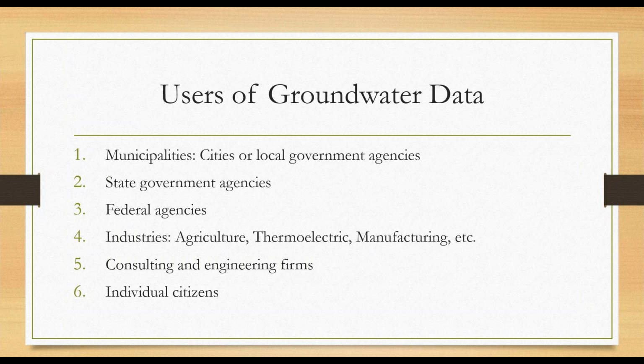USGS does have a policy that all data and information gathered through our investigations and observations by USGS staff or contractors must be made available to the public unless there is some sort of agreement, or it's restricted by law, that would restrict making that information available. So the vast majority of the data that we collect are made available to the public.